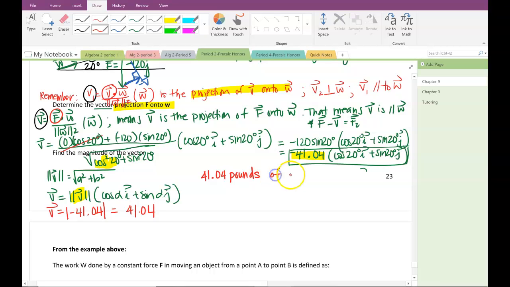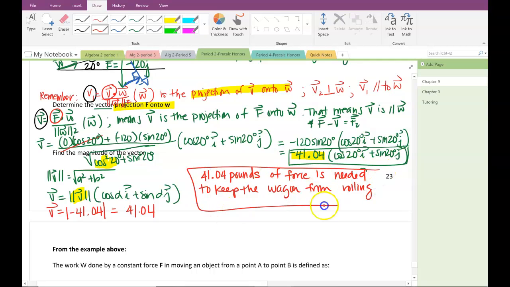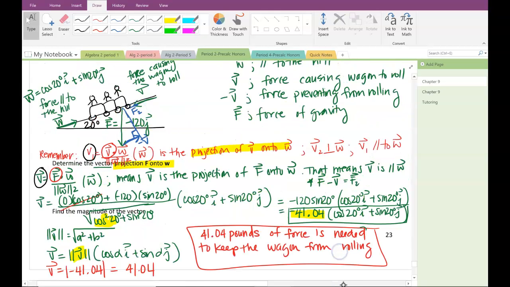So 41.04 pounds of force is needed to keep the wagon from rolling. Okay, so make sure we know how to interpret our answer. You have two answers: one is the vector projection of F onto W, and one is that 41.04 pounds. Now, could you have done this another way?